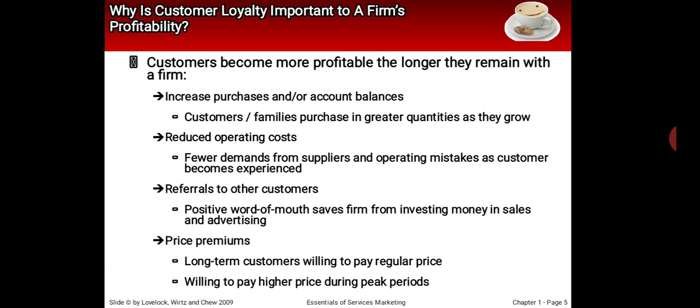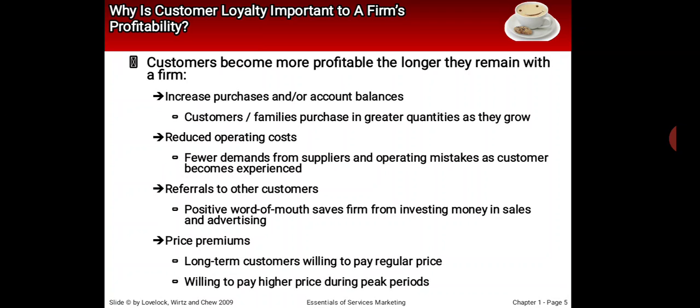Reduce operating cost. If you have almost all customers having experience of your product and services, then there is no need to give training, no need to provide any guidance, because they already use the product. So you are able to reduce the operating cost. Also the benefit of referral to the customer, to other customers.